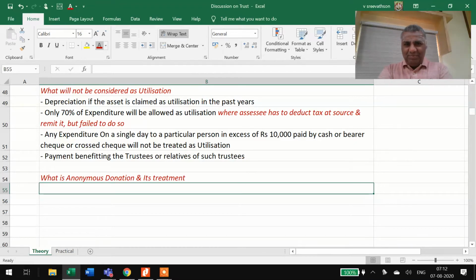At that time, we found out that trust is the channel by which funds are brought into India and used for unfair activities.